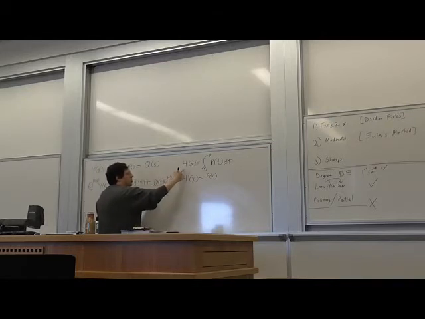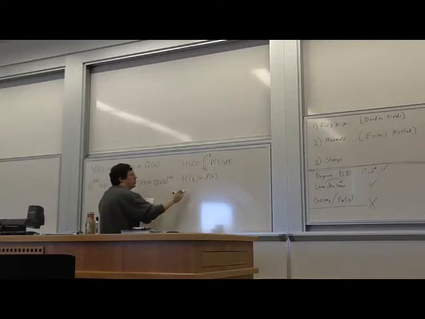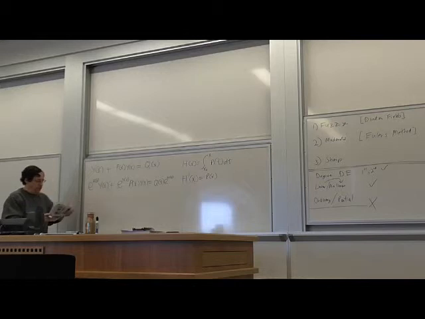This little magic function we create here, whose derivative is p of x, we multiply through by that.